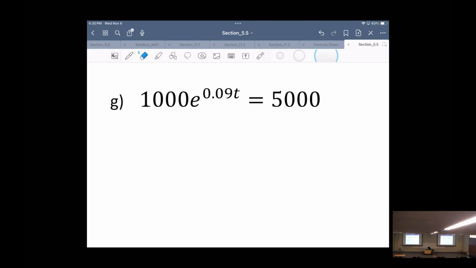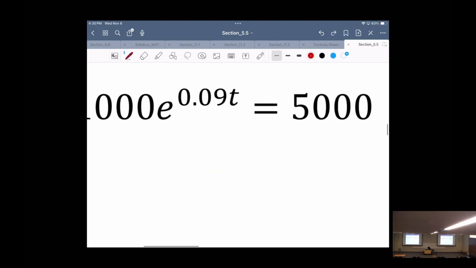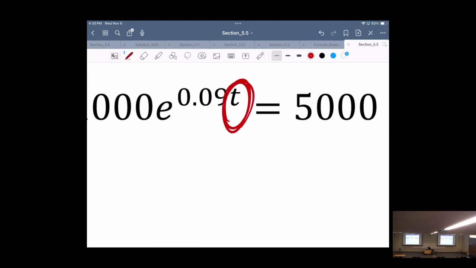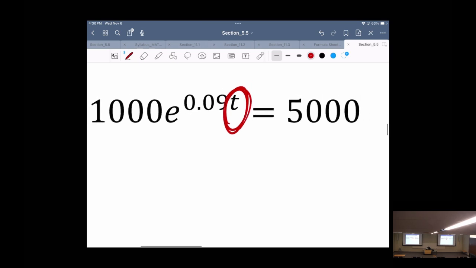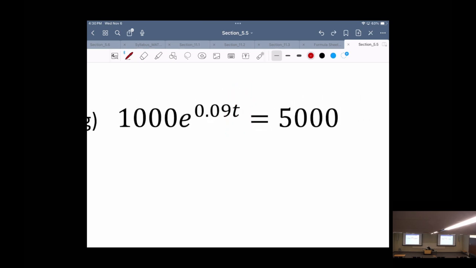So the easier path would be to first get rid of this 1,000. Because your objective is to get to this t, right? You want to solve for this t, which means you need to isolate the t eventually. So take steps in isolating t in a way that maybe it's easier path. One way is to first get rid of this.